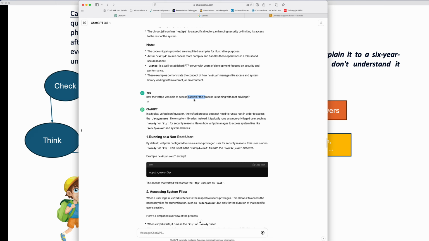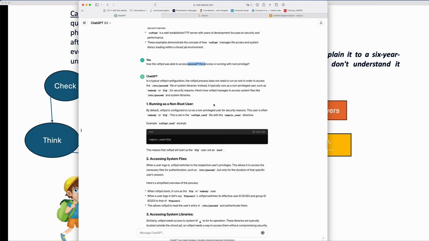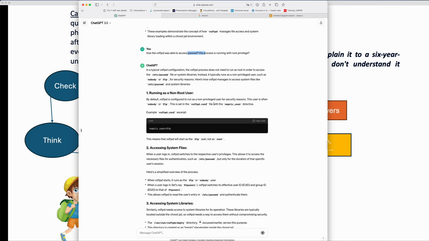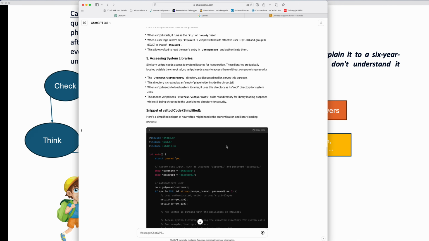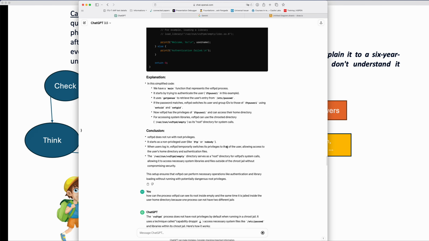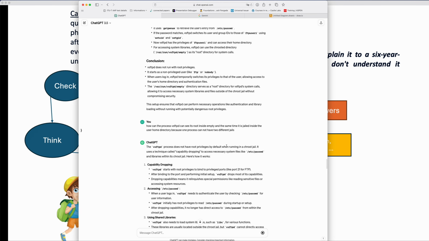So how come when you are saying this is jailrooted and at the same time it's accessing some sensitive files like passwd? And then here the tool made it clear to me: oh, okay, there is something called startup. When starting up, the server actually has some privilege.